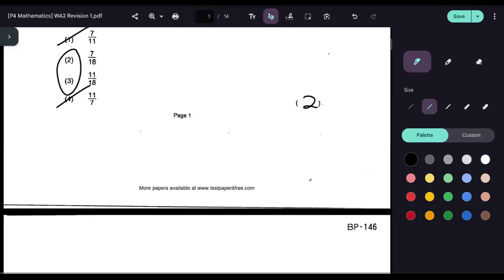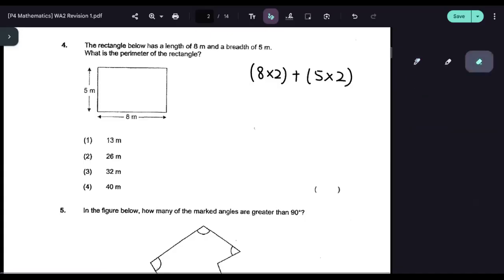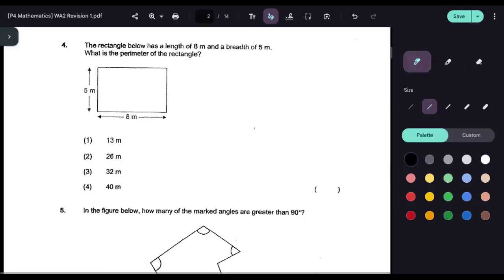Right, next. The rectangle below has a length of 8 meters and a breadth of 5 meters. What is the perimeter of the rectangle? Those who are a little bit more ahead can use this method: 8 times 2 plus 5 times 2. But for primary school, for your level, I will just write 8 plus 5 plus 8 plus 5.